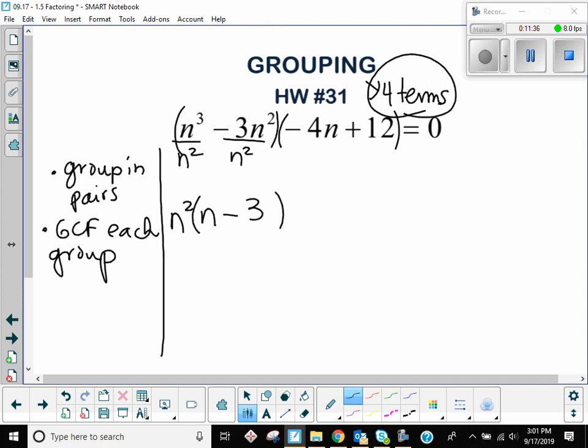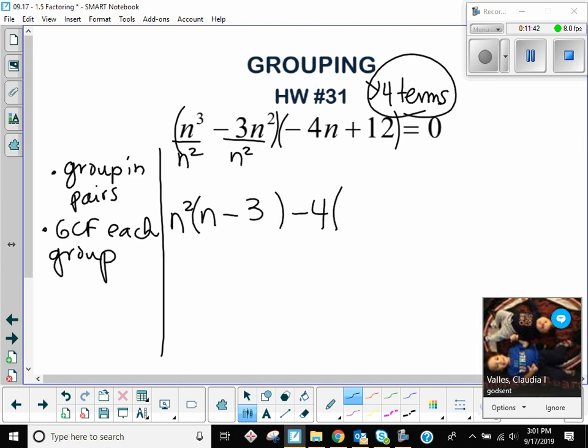So if we are factoring out a GCF of negative 4, we write that down. So I'm going to factor negative 4 out of these. So in that first term, what is negative 4 divided by negative 4? What's the sign on it? Positive, right? Positive 1. So that's a positive 1n.